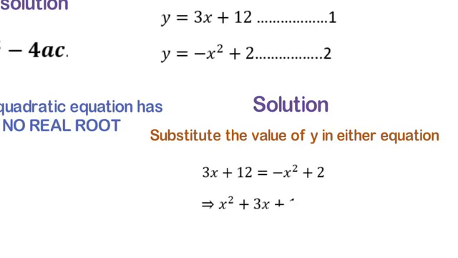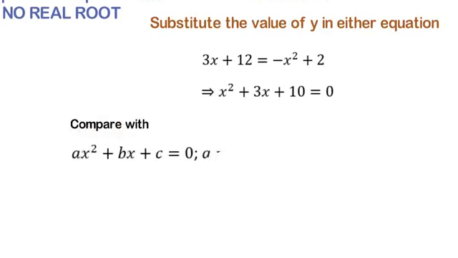This will give us x squared plus 3x plus 10 equal to 0. Compare with ax squared plus bx plus c equal to 0. We will find out that our a is equal to 1, b is equal to 3, c is equal to 10.